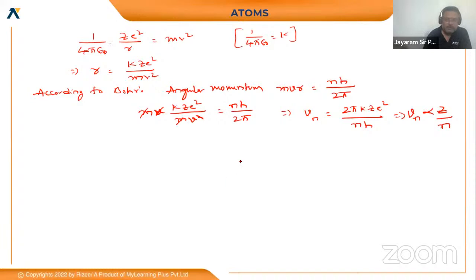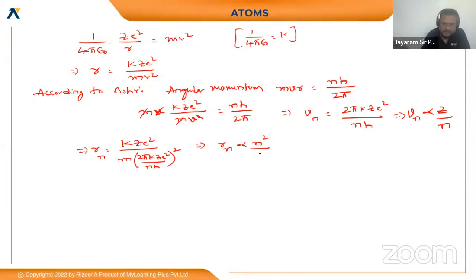Now on substituting this velocity in r, r is equal to k into Z e square by m into velocity square, in the sense (2 pi k Z e square by nh) whole square. On solving this, you will get that the radius of the nth orbit is proportional to n square by Z.